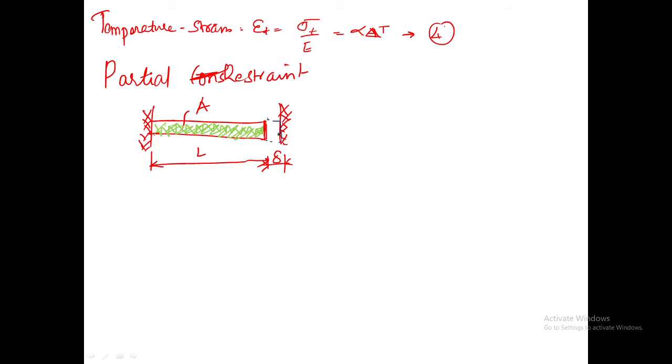Suppose it has the capacity to extend beyond the delta value, then you are making its restriction. Now let us go for the equations here. It has a possibility of expansion up to this much length.